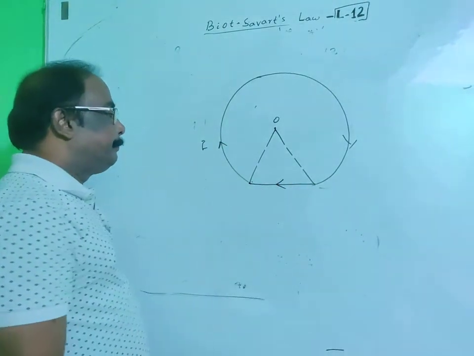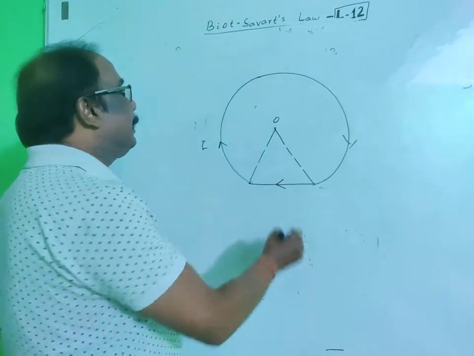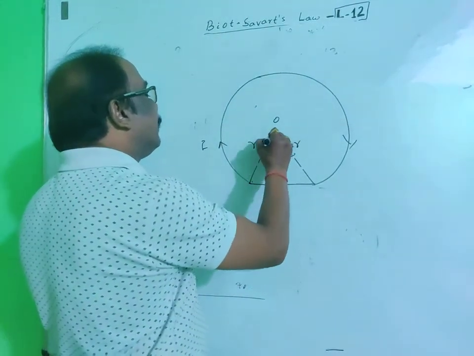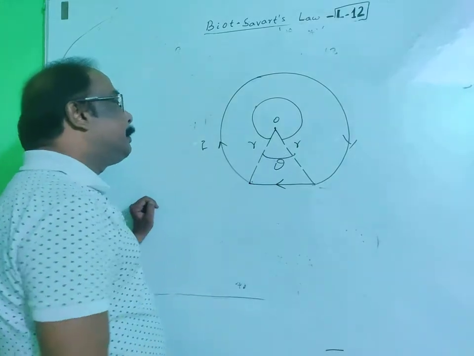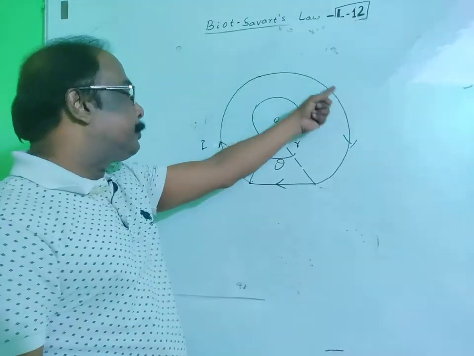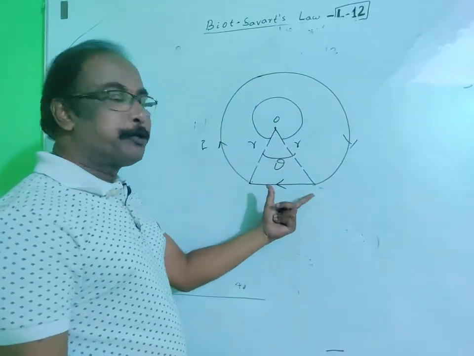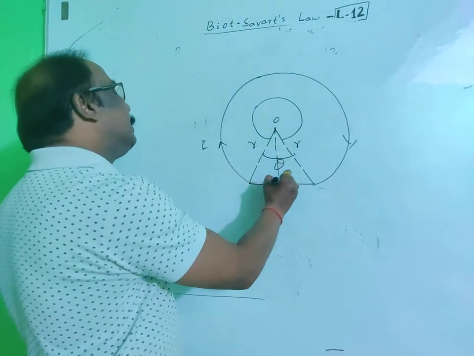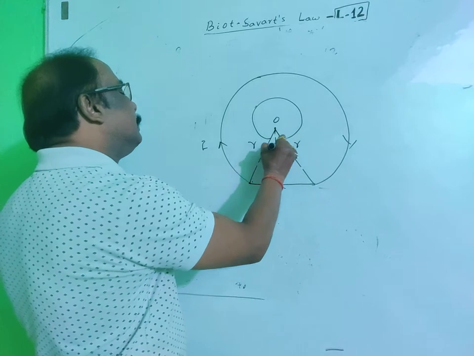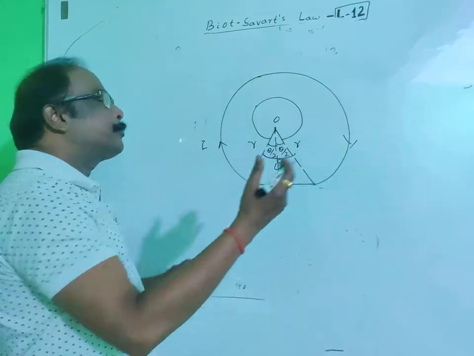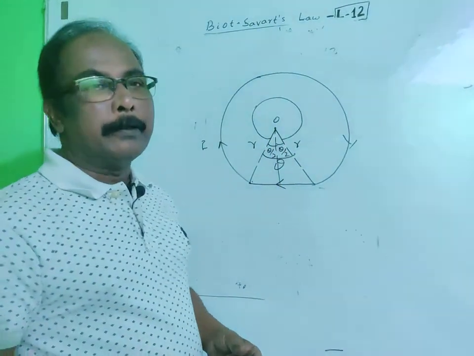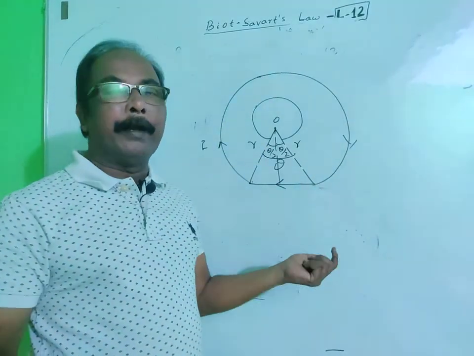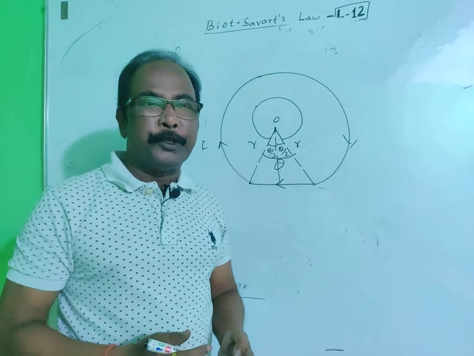Current is I. We have to find the magnetic field at O, radius is R. So this angle is theta. Again, this angle is 2 pi minus theta, convert it to radian, then due to this curved part and due to this straight part. For the straight part, you may divide this angle, theta by 2 and theta by 2. Then in accordance with addition of vectors, you may add the magnetic field due to the curved part and straight part and you can get your answer. There are so many questions.